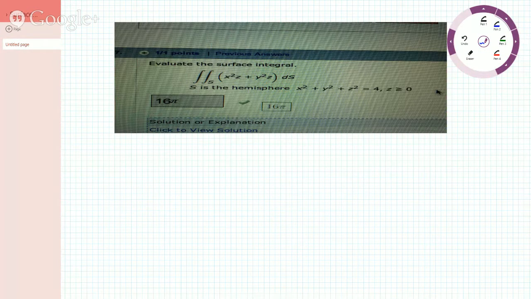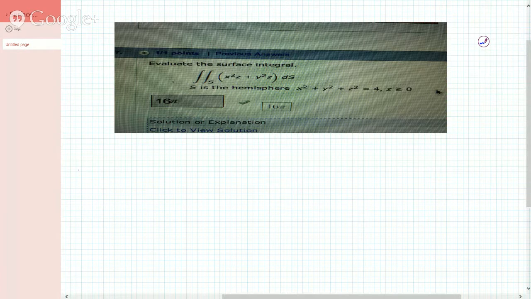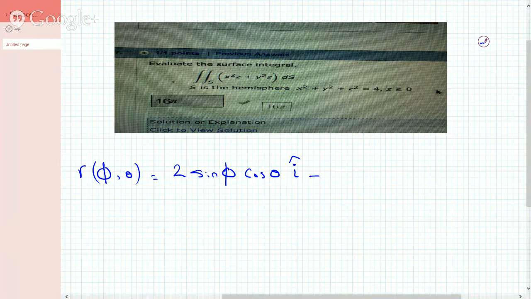And by spherical coordinates, I mean we can define r of phi comma theta, because we're trying to parameterize this surface using spherical coordinates. So this is 2 sine phi cosine theta in the i component, and then the y component is rho times sine phi times sine theta, and rho is 2.